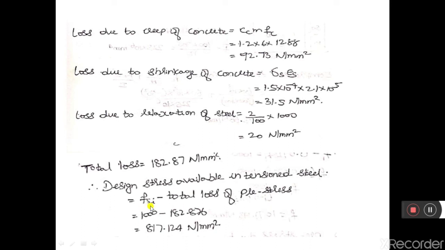So FSI, the initial pre-stress, is 1000, minus 182.87, which is the total of the different types of losses like shrinkage, relaxation and creep of concrete, etc. So the design stress available in the tension steel is 817.124 Newton per mm square. So 817.124 Newton per mm square will be the final stress available in the member, and this stress is responsible to counter the loads which come on the member.